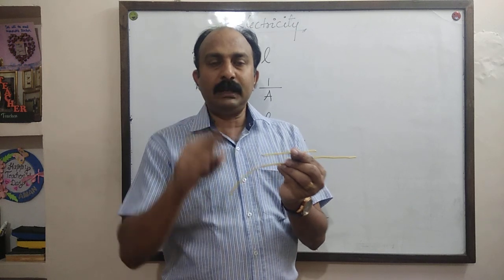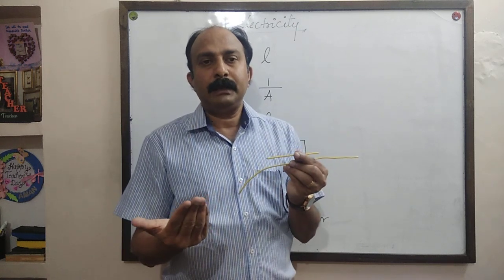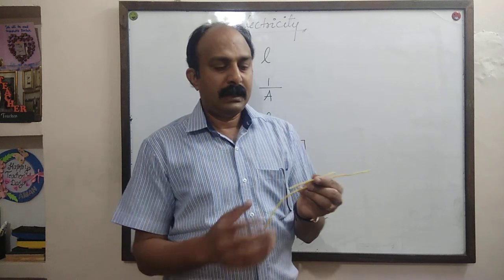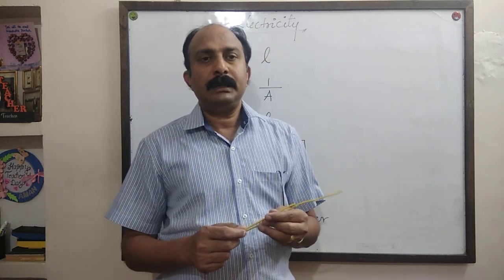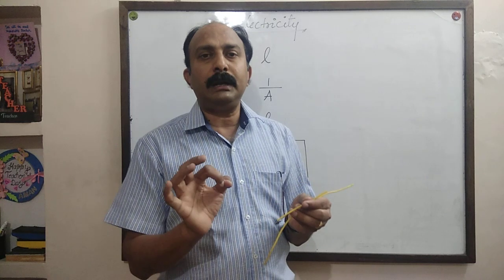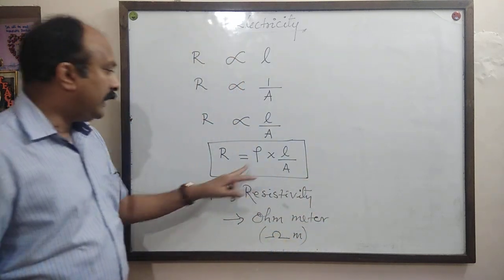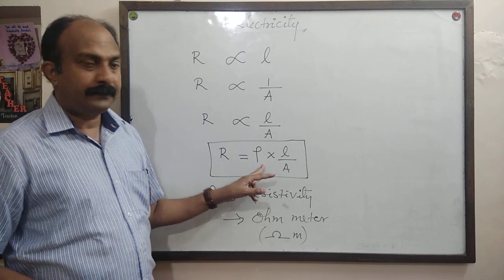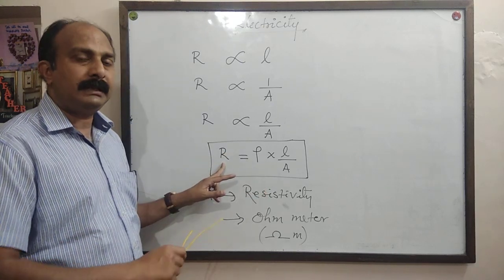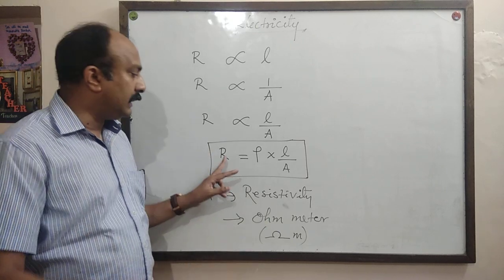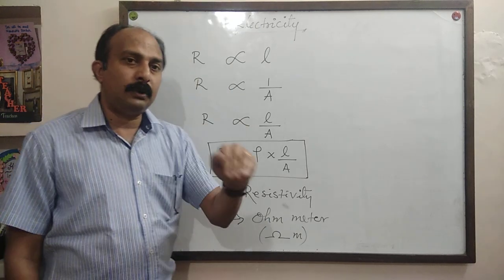So resistivity rho is a material property. It is a constant, and for good conductors, the resistivity value is very low, because when rho decreases, then R will also decrease. And for a good conductor, R must be as low as possible.